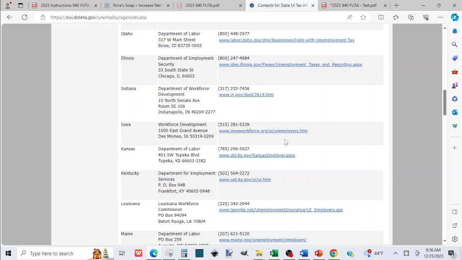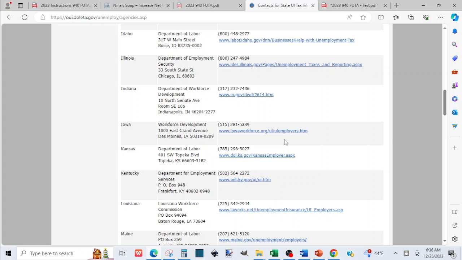Therefore, for an LLC in Iowa, if you pay the members based on their ownership percentage or ownership allocation, you are not required to pay unemployment tax on their wages. But if you pay them differently from their ownership percentage, you will pay unemployment tax on those wages.